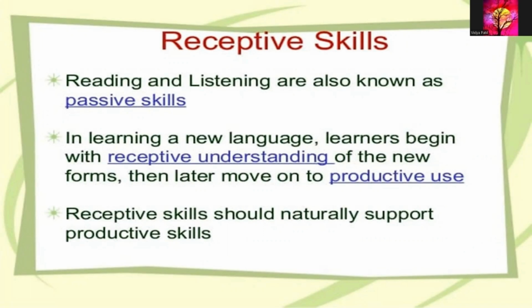Whenever you have learned your native language, you begin with listening to the language. Then later on we learn to read and write in the language. Receptive skills naturally support the productive skill.